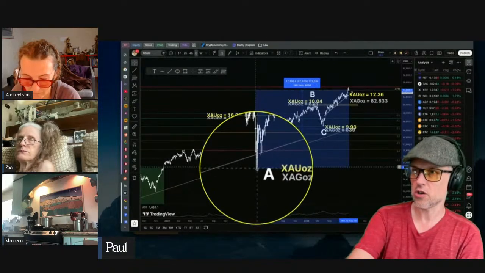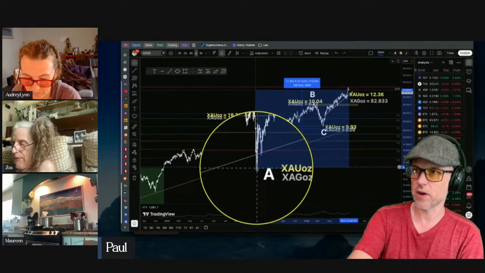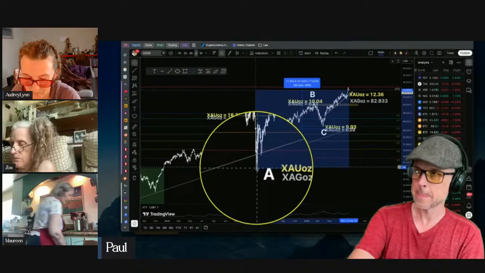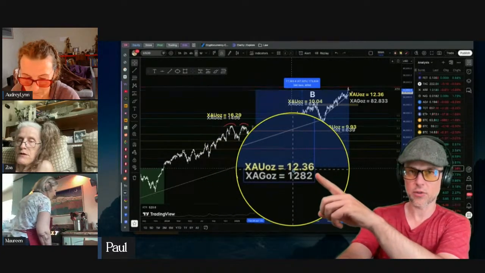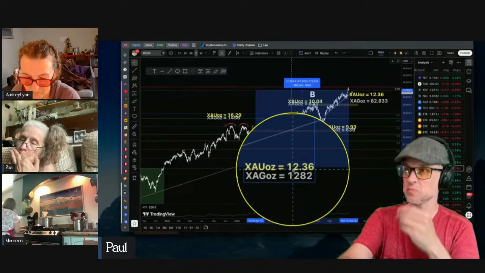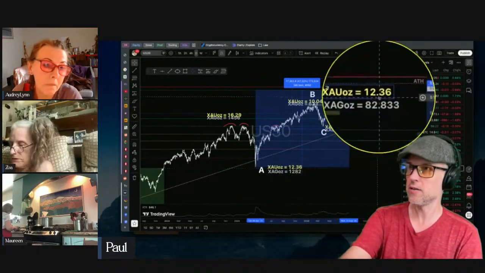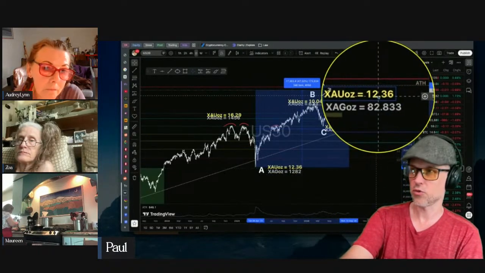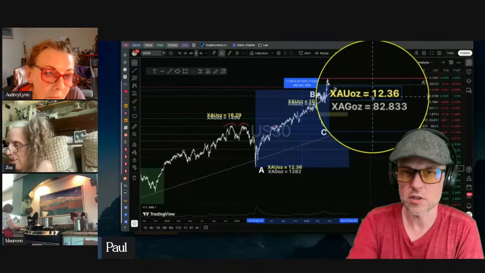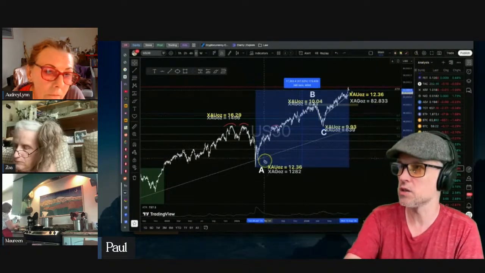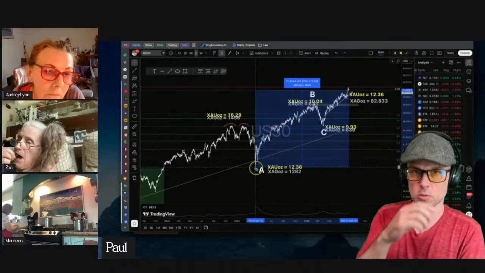It was $36,500, but it was also 12.36 ounces. I just measured it today. Look, 12.36. Very same today. It's worth the same in gold today as it was in April 2025.